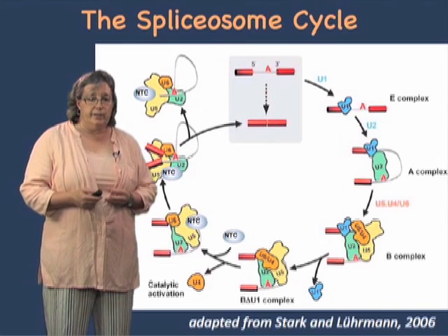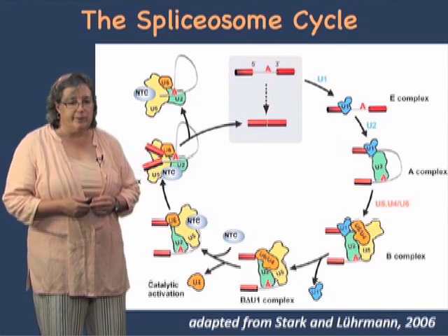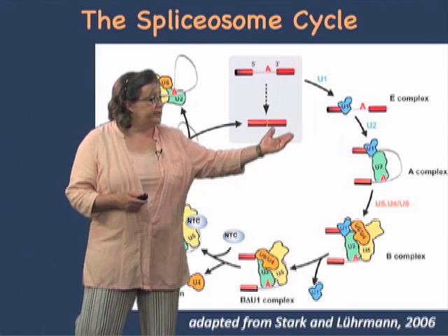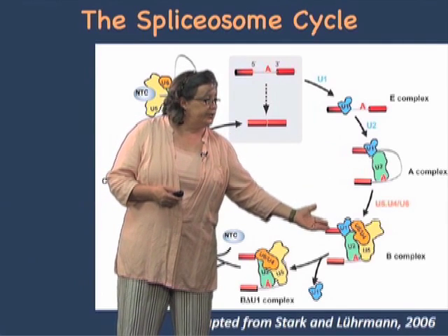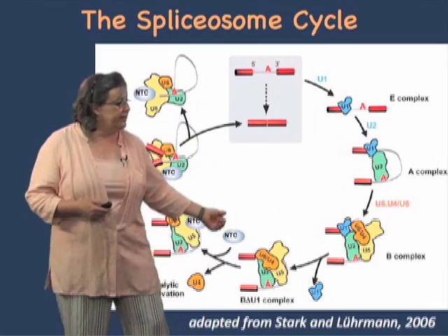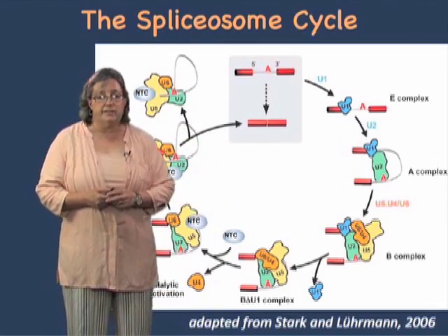But what I want to show you here is that the major pieces of the spliceosome are these components called U1, U2, the triple SNRP U4/5/6, and the 19 complex, or the NTC.